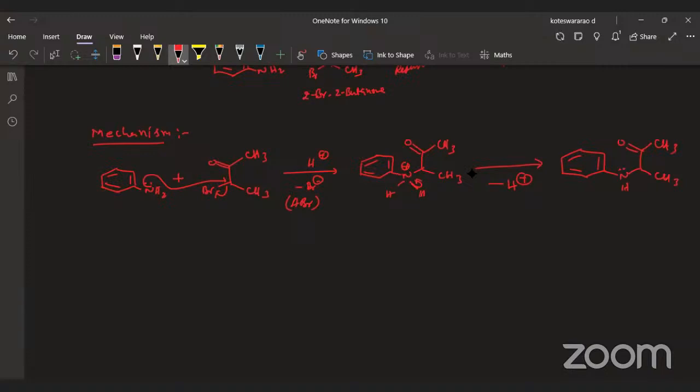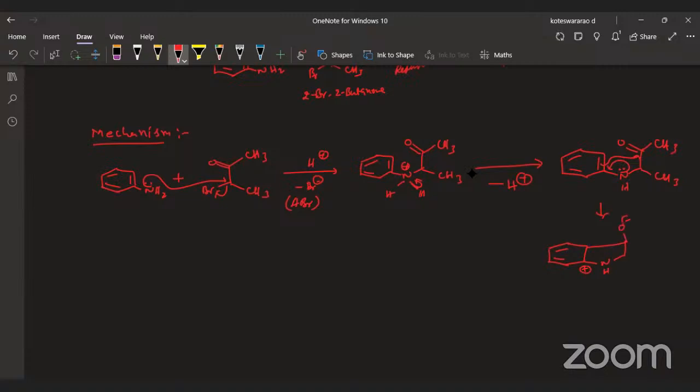Later, the same pair is again donated to the ring. This pair will be donated to this carbonyl. The electrons are donated to this carbonyl, and that leads to the formation of this positive charge.